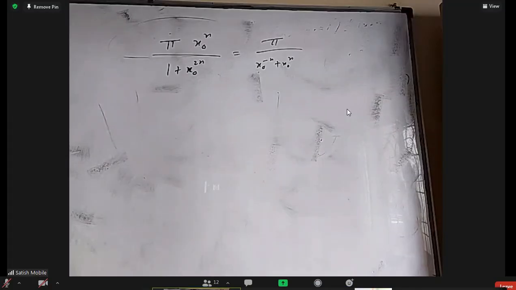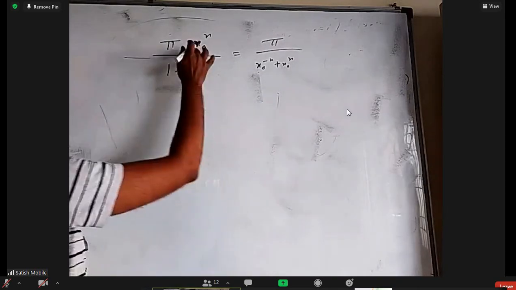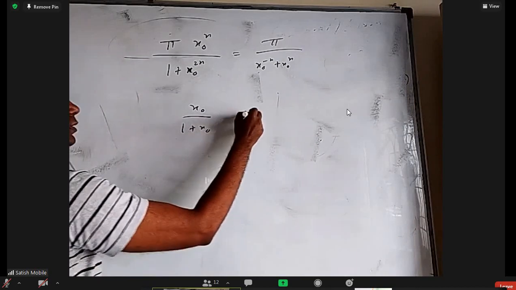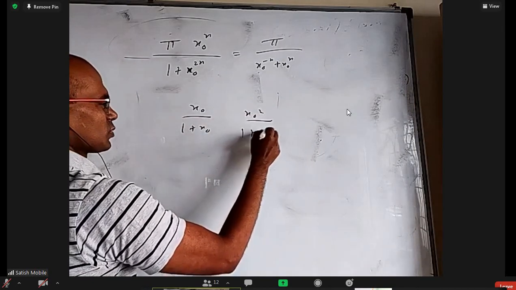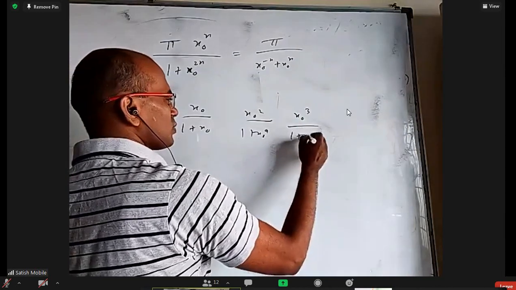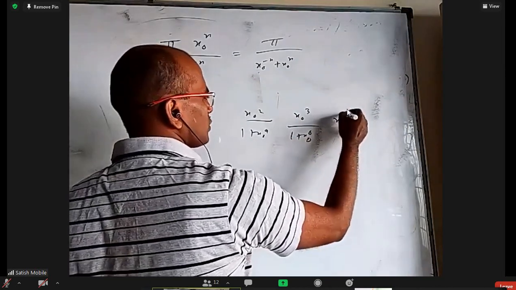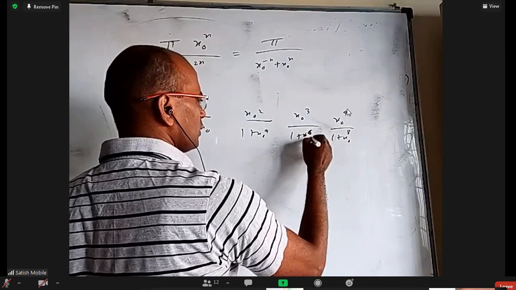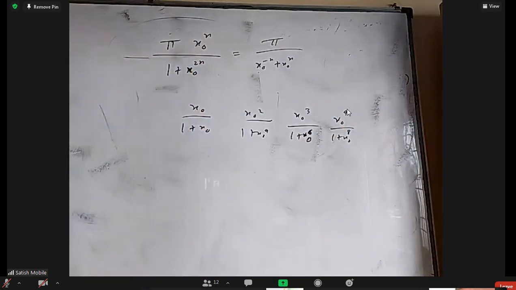Okay. It's not even about pi, and x naught is a constant. So I want to know whether you take x naught by 1 plus x naught square by 1 plus x naught power 4, x naught cube by 1 plus x naught power 6, x naught power 4 by 1 plus x naught power 8. What is happening to all these values? Are they increasing or decreasing?